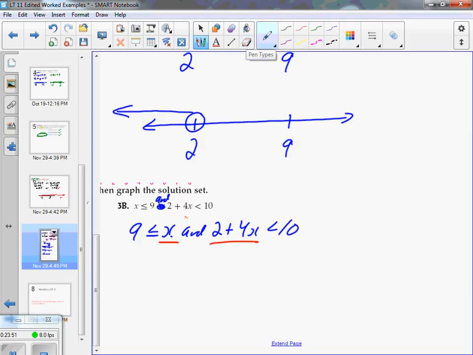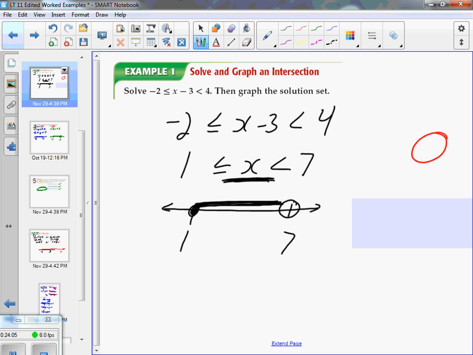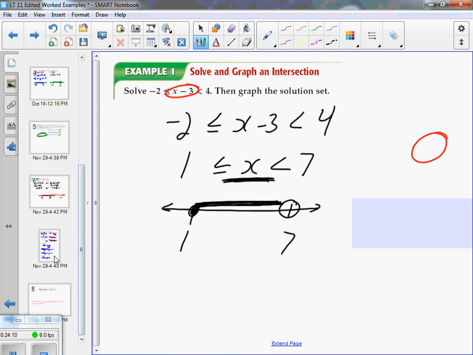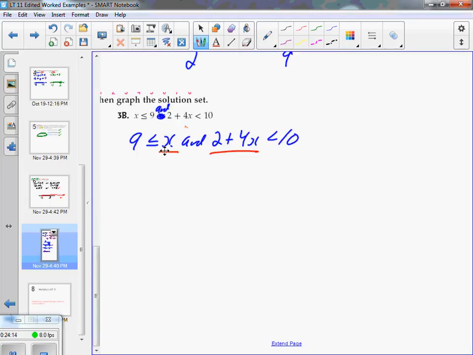Because it's not the same thing there. Notice if we flip back, it was the same thing in both cases. It was a y minus 3 and a y minus 3. It was just an r plus 7. It was an x minus 3. But on this one, I can't do it that way. Even if I want to, I can't, because it's not the same thing on both of them. You know, see what I'm saying?